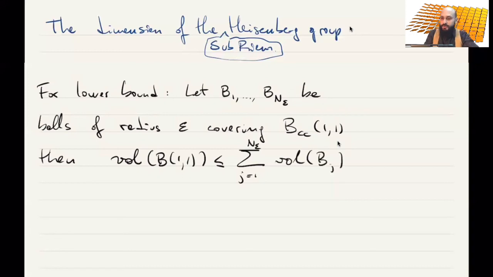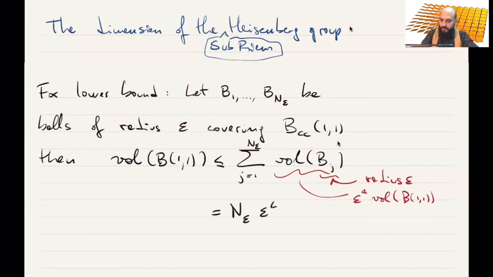Now we know what the volume is: the radius is epsilon, which means this volume is epsilon to the fourth times the volume of the unit ball. So this is equal to n(epsilon) times epsilon to the fourth times the volume of the unit ball at the origin.